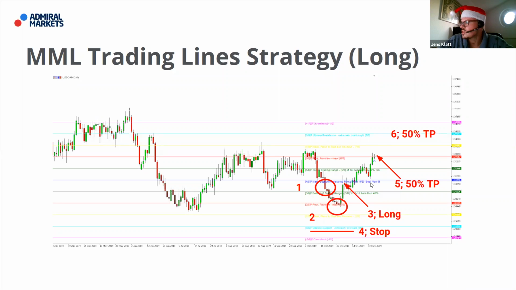Because what we do here, in this case, we're looking at a daily chart. What it does, in fact, is it uses the high and the low of this period. So it's here, this is the first high, as you can see.